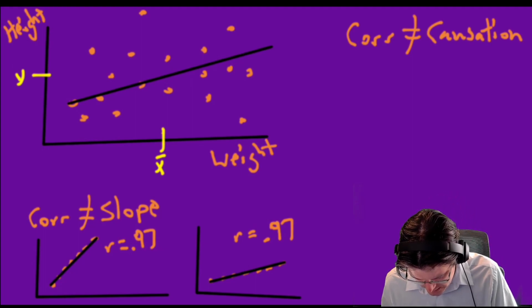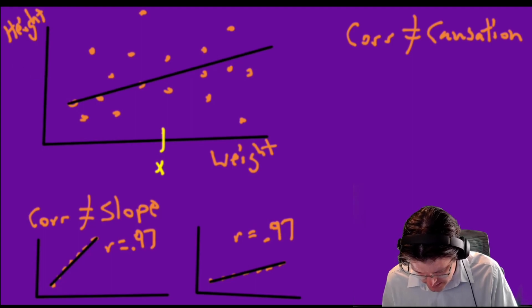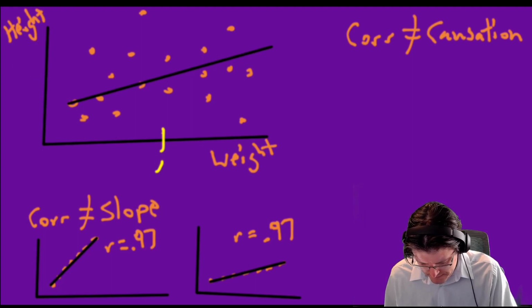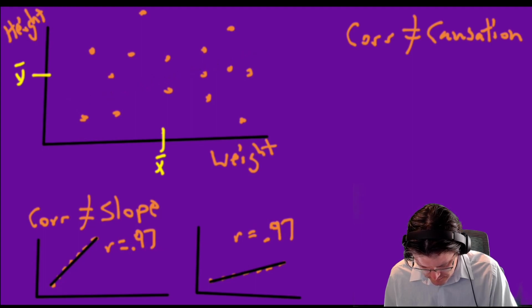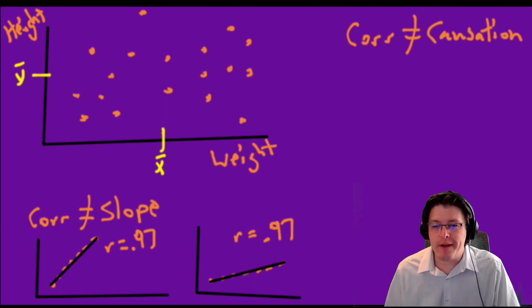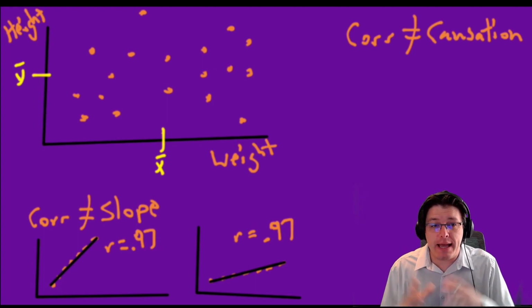I kind of regret doing this here because I don't want that. I kind of want to take this bar out of here. So bear with me as I try to recreate what I had there. I just don't want that black line in there. So, but there'd still be an X bar, Y bar.